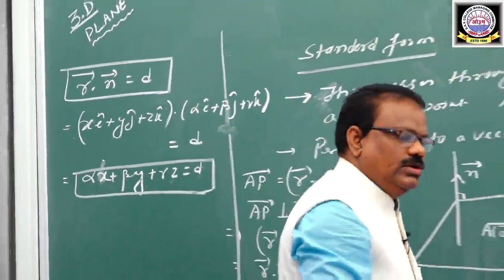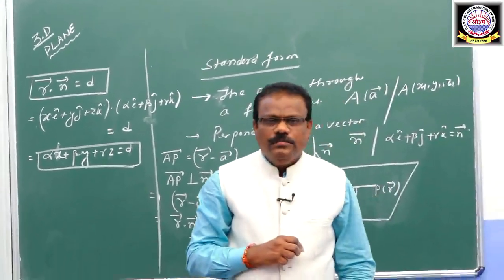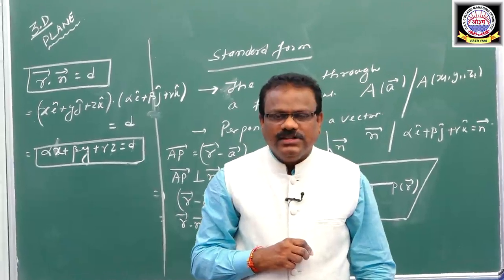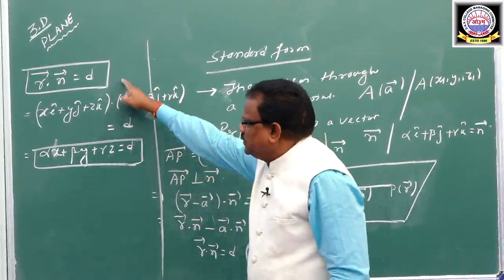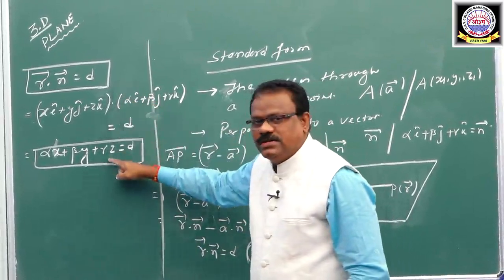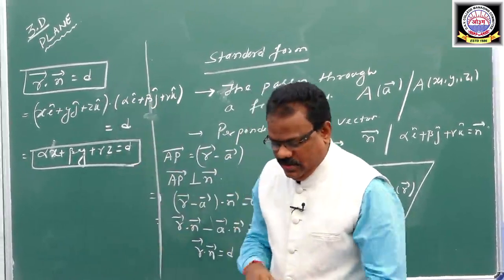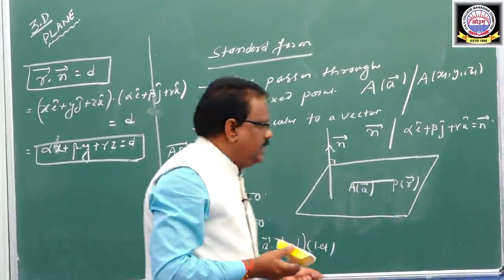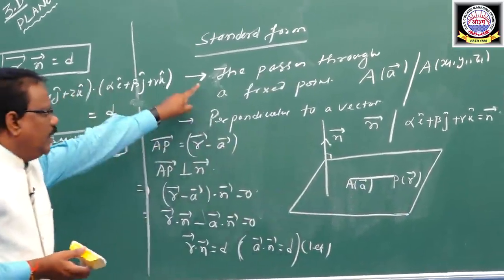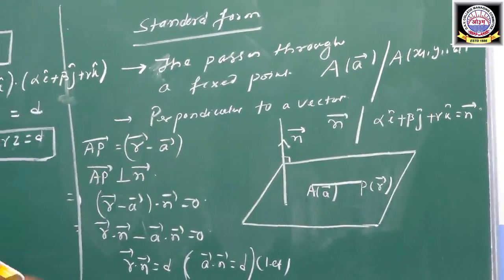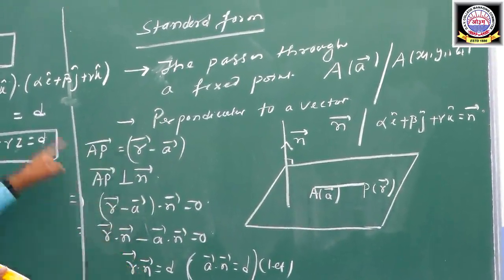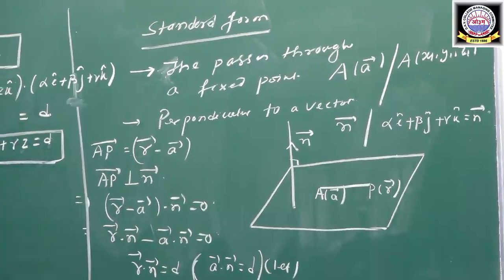That is the equation of the plane. So this is the vector form and this is the standard form. Okay, so I think you understand how it is coming. The requirement is passing through a point and perpendicular to a vector, and by doing this process we got this. This is the derivation of this.